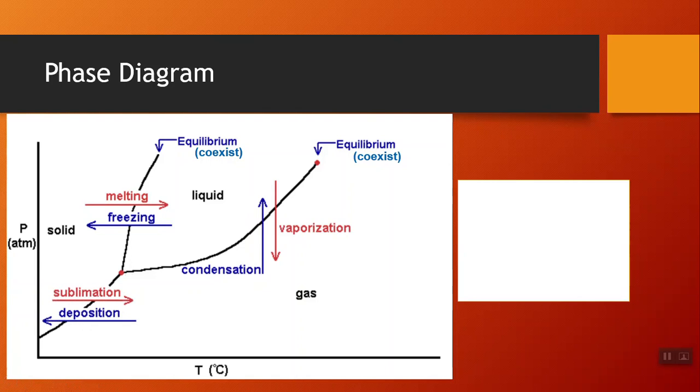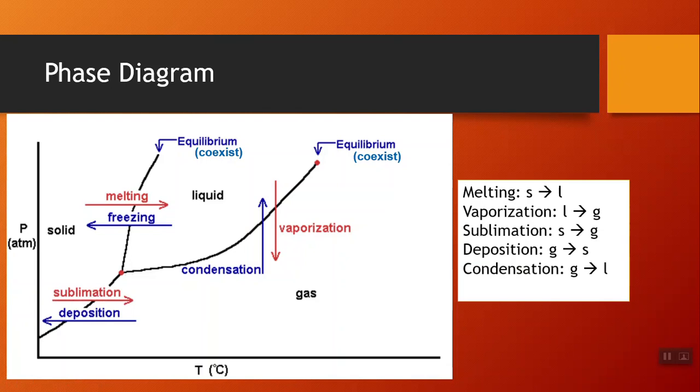So what I mean is that when a solid goes to gas, it completely skips over the liquid state. So for example, like dry ice, right? Dry ice, we have solid ice, and when you take it out of its container, it just goes directly to gas. That's an example of sublimation. So I am showing you these different phase changes here. Go ahead and write that on your notes.